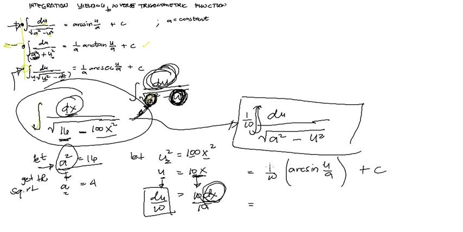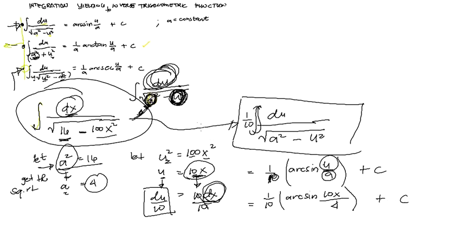Okay, so this is 10. So bringing back the value of our u and a, we have arc sine, our u is just equal to 10x, and our a is 4. Okay, and then our plus c sign here.